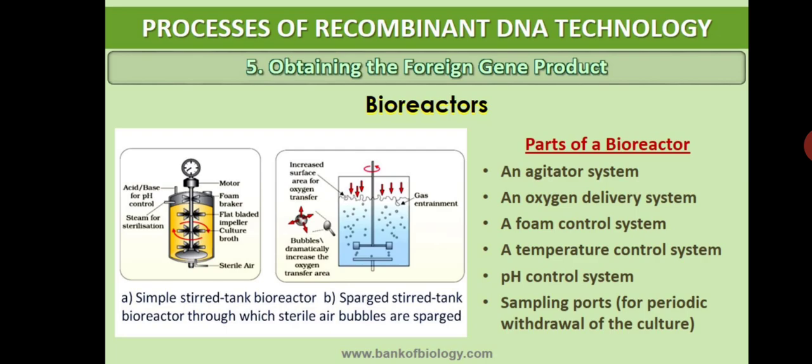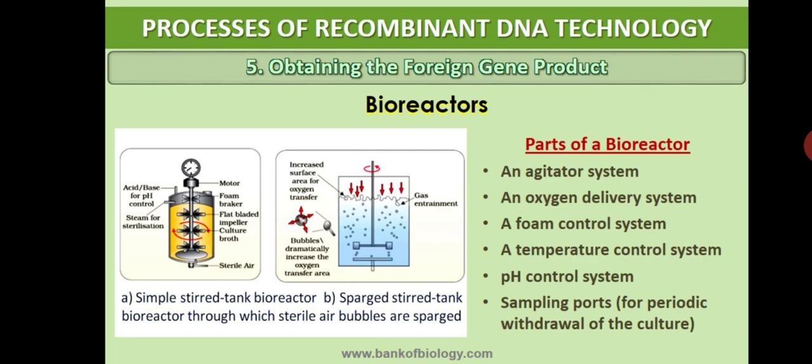After that we can draw the desired product, and that desired product will not be used directly; it will not come to the market. At first you have to carry out many steps of processing, and it is called downstream processing. When you carry out this process, only then can the desired product be released to the market.